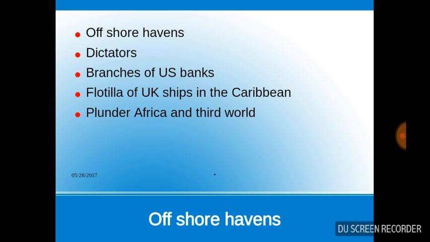So these offshore havens are just places to plunder places in the third world like Africa. And people misunderstand them as just putting money offshore or doing things like that. This is just basically putting money either into pound sterling or US dollars.